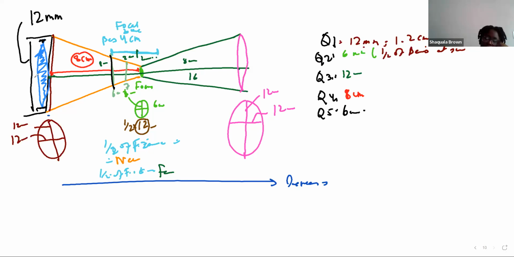Yes. So it will always be less than 8 centimeters, because the beam is narrowing down going to the focal point. It falls into the near zone, right?